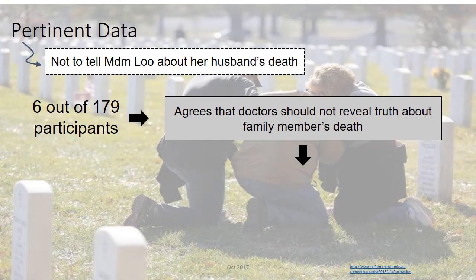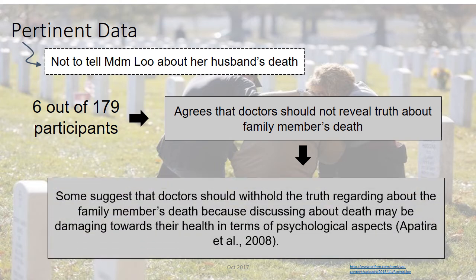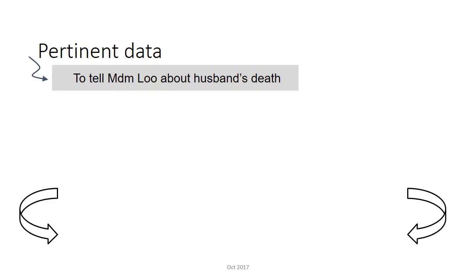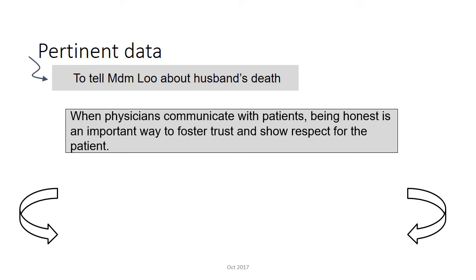Now we need to collect data to study further. So these are the data that we've collected. With the data that we collected, we can tell Madam Lu about the death of her husband.